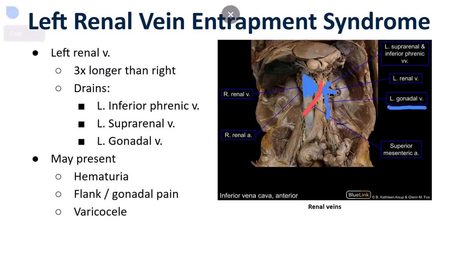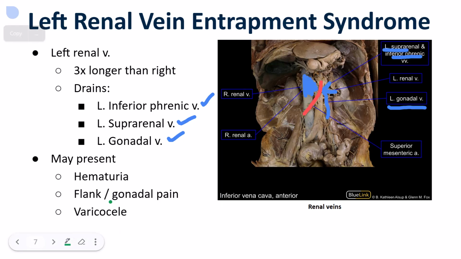And this one here is a common trunk that's receiving blood from the left suprarenal vein and the left inferior phrenic vein. So let's think about this. On the left side, blood from the left hemidiaphragm, blood from the left suprarenal vein, and blood from the left gonad are all draining into that left renal vein.